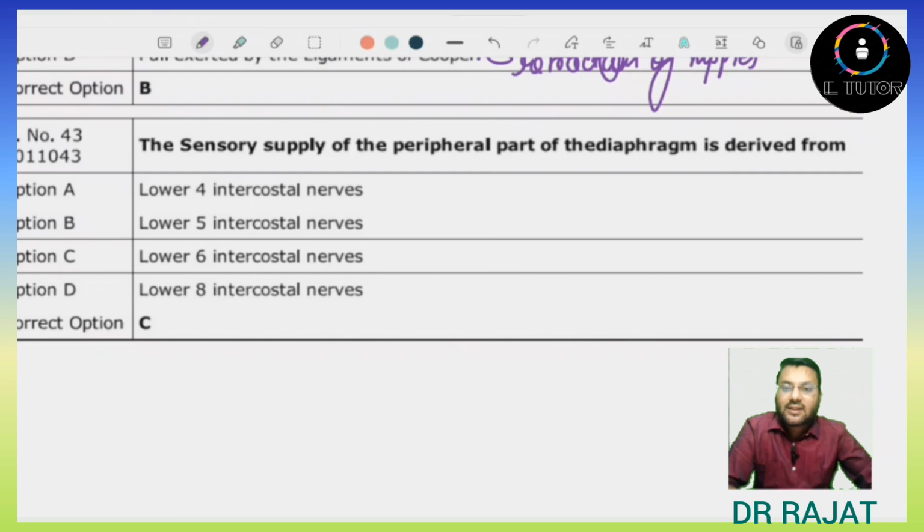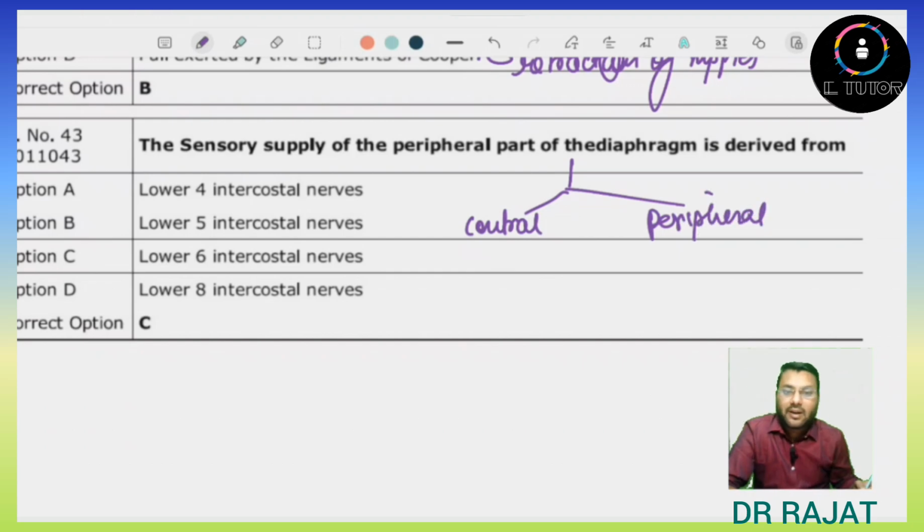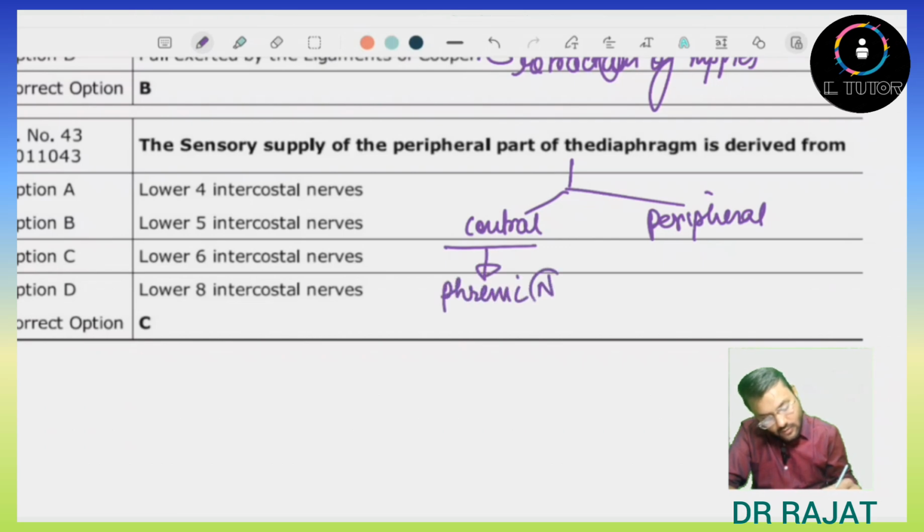Next question is, sensory supply to the peripheral part of the diaphragm is derived from. So if we talk about the diaphragm, then it has two parts, central and peripheral. The central part is supplied by the phrenic nerve, and it is mainly a motor supply.